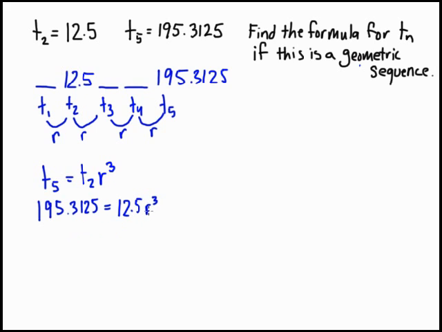We want to solve for r, and since r cubed is being multiplied by 12.5, we do the opposite and divide both sides by 12.5. So r cubed equals 195.3125 divided by 12.5.